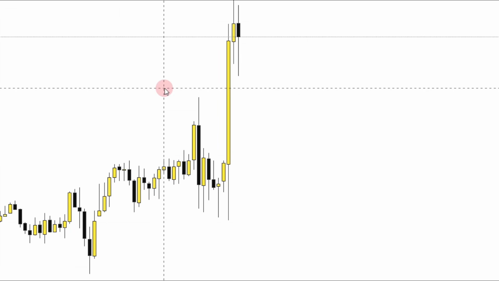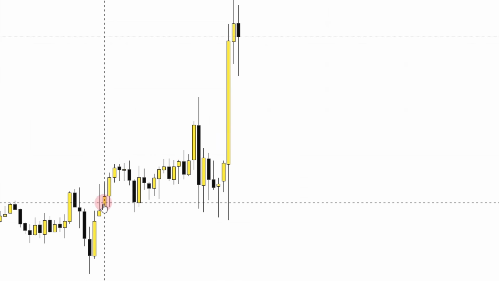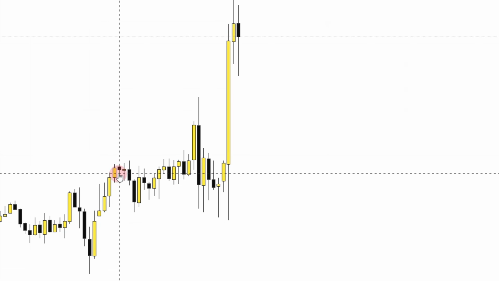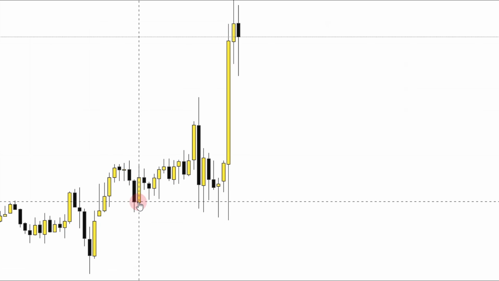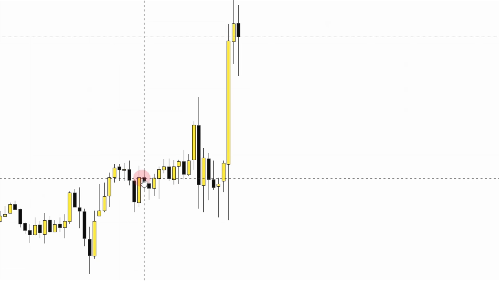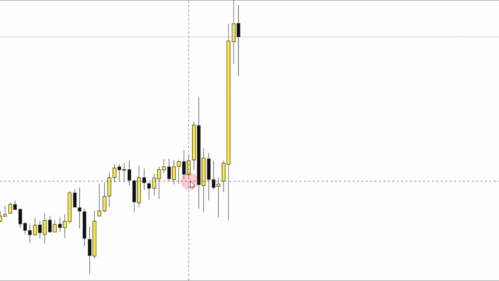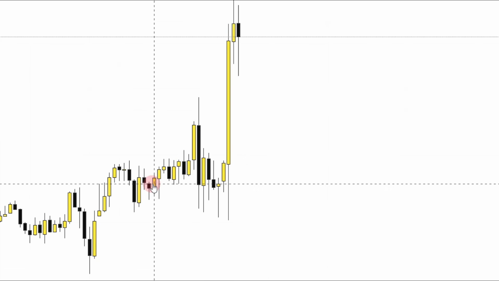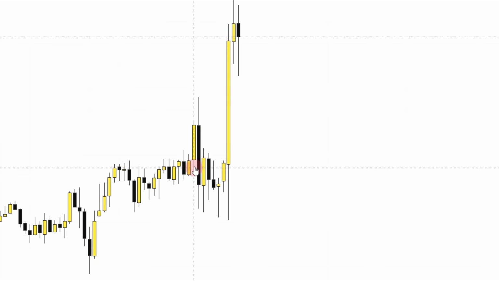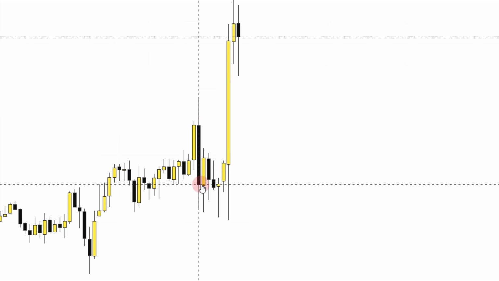Let's look at the charts. When you look at the charts here, you look at this indecision. These are three bullish candles, then a pullback, then buyers entered the market, sellers entered the market once more. So there is a fight, there is a war between the buyers and the sellers. Here, the buyers push the market and the sellers aggressively push the market down.